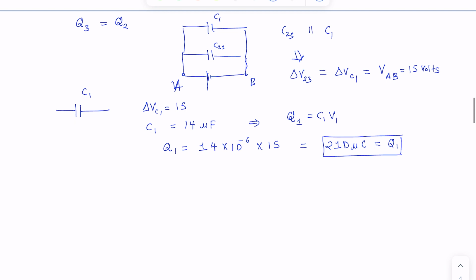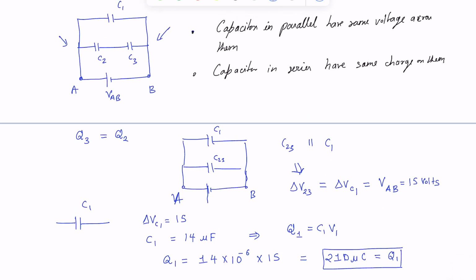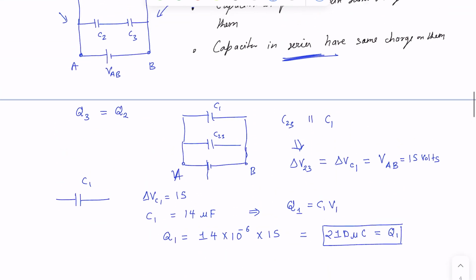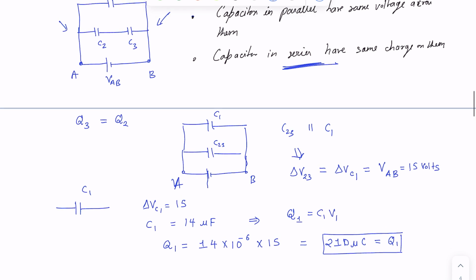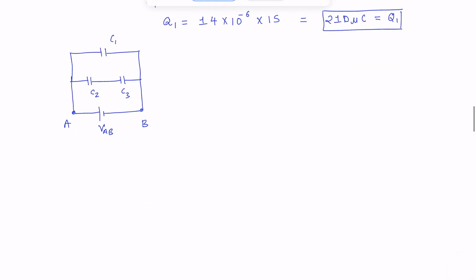Now in this diagram, C2 and C3 are in series, right? So when two capacitors are in series, they have the same charge. Listen carefully to what I'm going to say now, this is really important. We have already established that the combination of C2 and C3 is in parallel with C1.